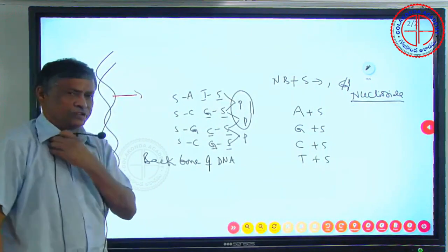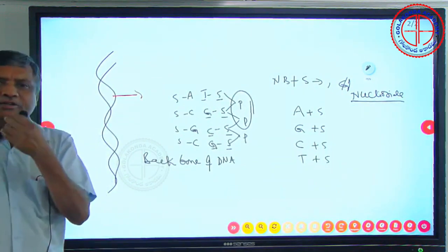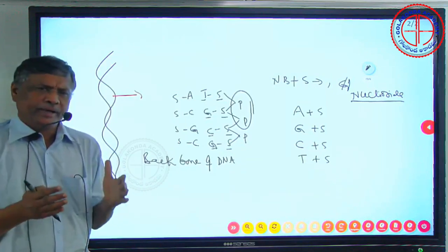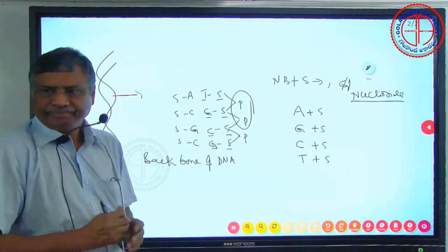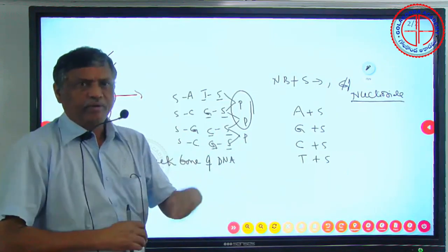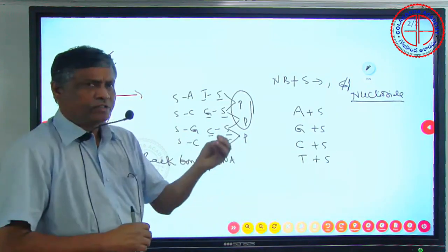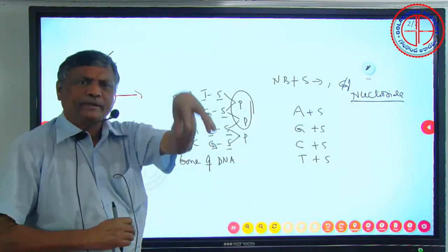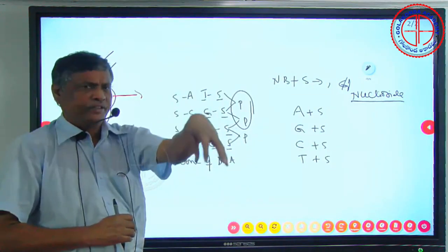What is a nucleoside? Nucleoside means a combination of nitrogen base with sugar.